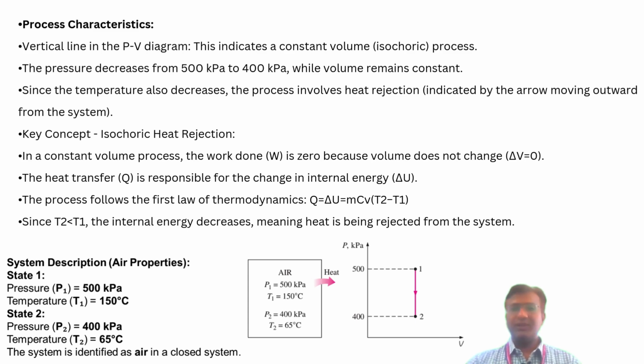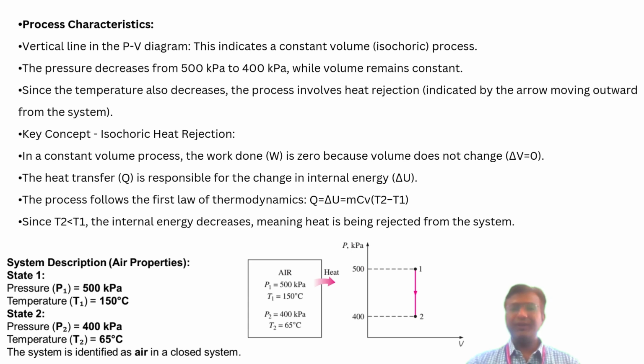Therefore, the change in volume, represented by dV, is 0. So if dV is equal to 0, what is going to happen to our work done? Work done is the product of pressure multiplied by change in volume. And if the change in volume is 0, our work done is also 0.